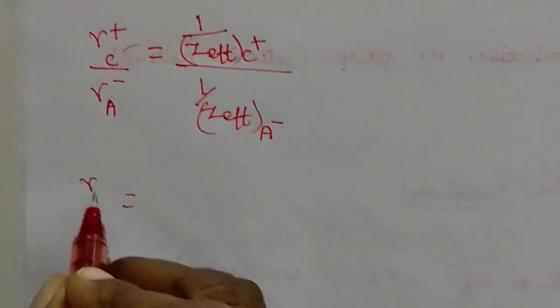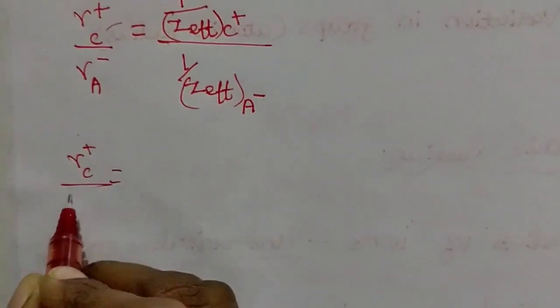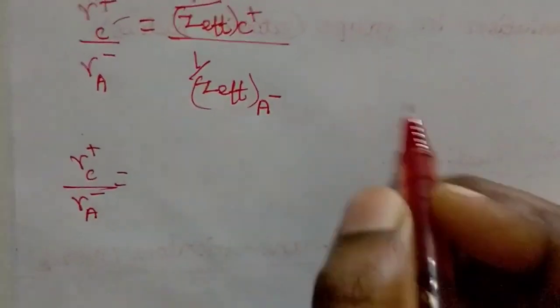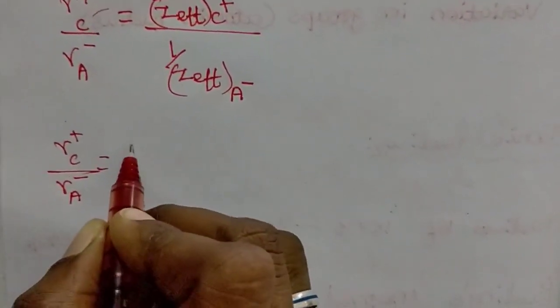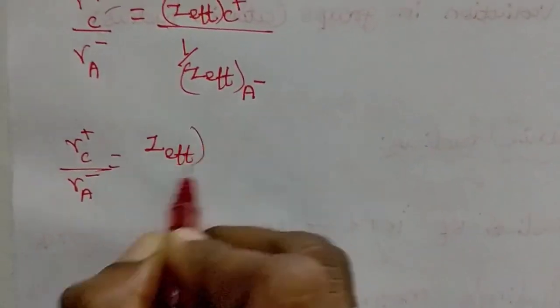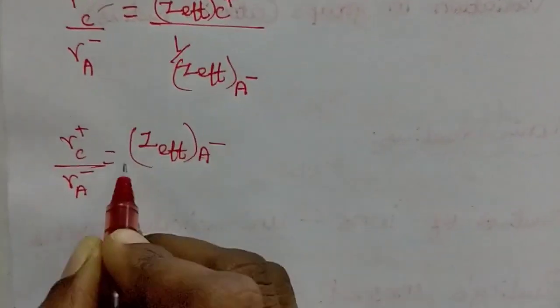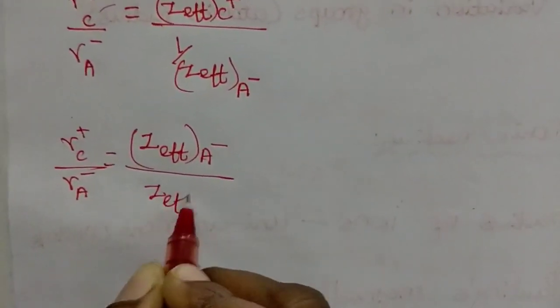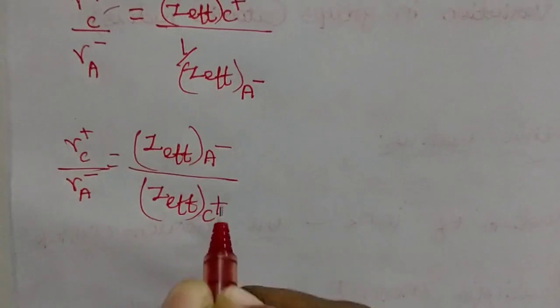Then Rc+ divided by Ra- equals effective nuclear charge of anion divided by effective nuclear charge of cation.